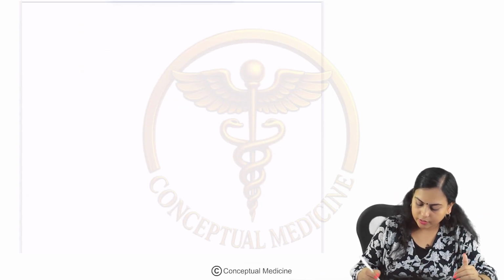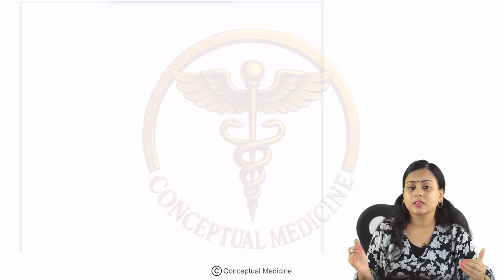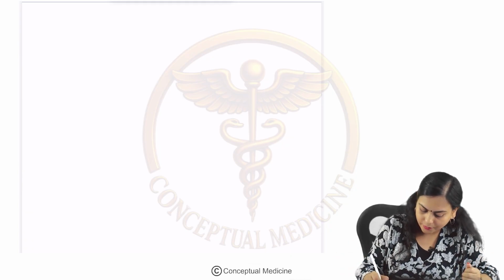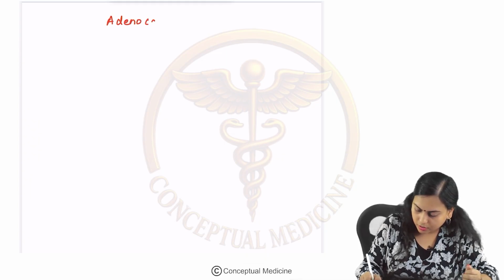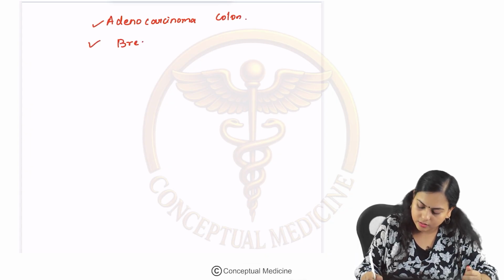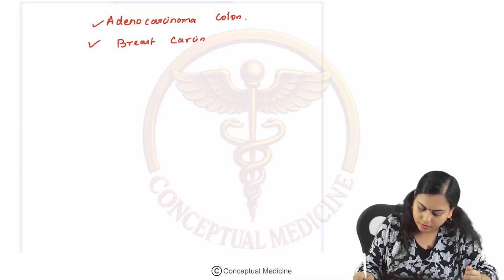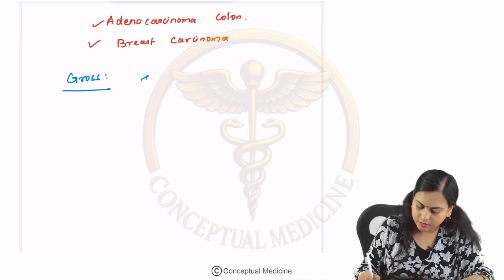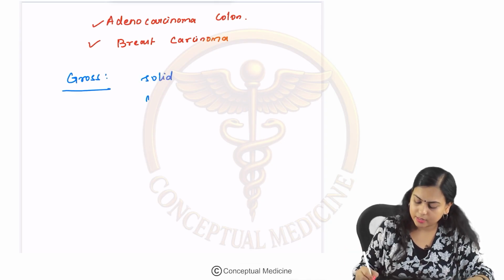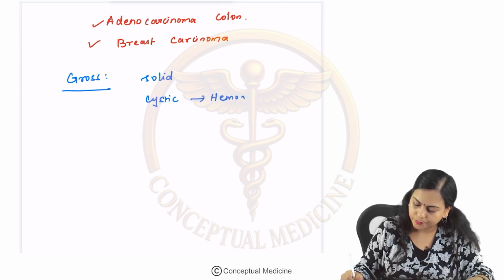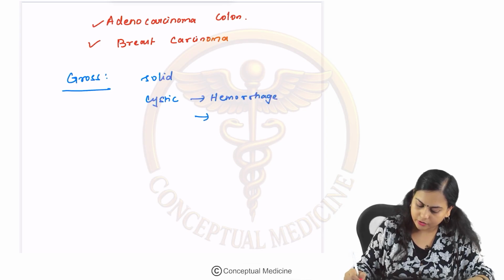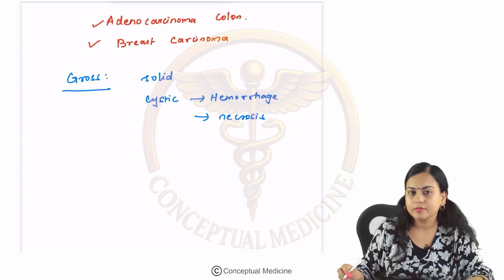One more thing, the non-gynecological tumor which commonly metastasizes to the ovary is adenocarcinoma of the colon. This is one of the latest reports, and the next one is breast carcinoma. The gross picture of these metastases is usually solid, but sometimes partly cystic tumors, and hemorrhage and necrosis can also be seen.